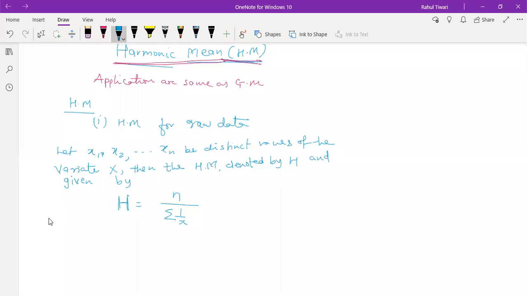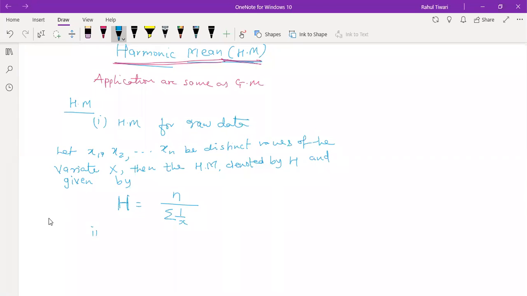Are you getting my point? In this way, one can get the values of h. This is the definition for your harmonic mean.